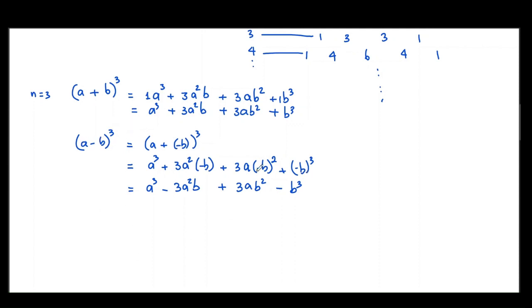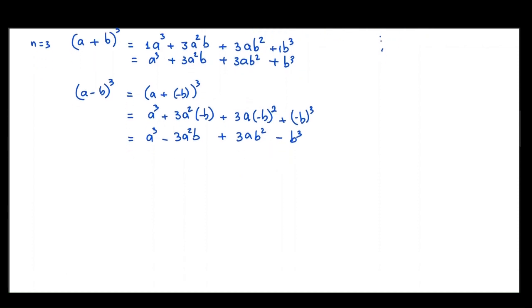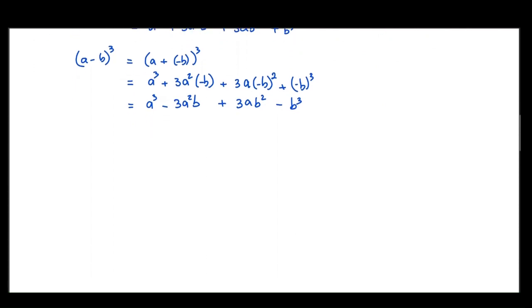And then we apply this to extend something different from a and b. Let's say, for example, we have (2x plus 3z) to the power 3. What we do is treat the first term like a and the second like b.